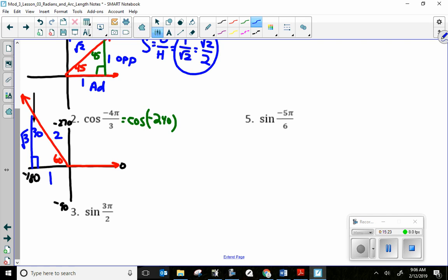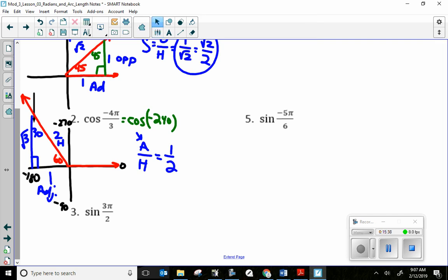Cosine is adjacent over hypotenuse. So adjacent is my 1. My hypotenuse is 2. So it's 1/2. But let us not forget, students, only sine is positive in quadrant 2. That means cosine should be negative. Bam. Shablamo.